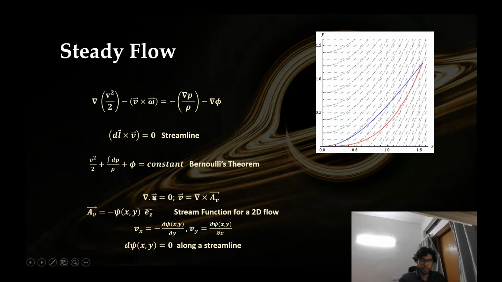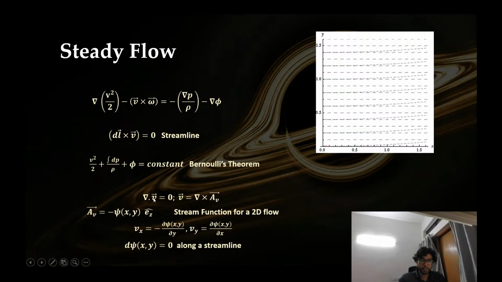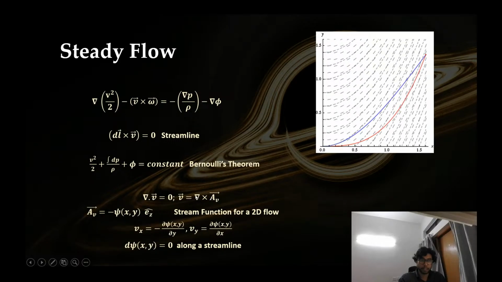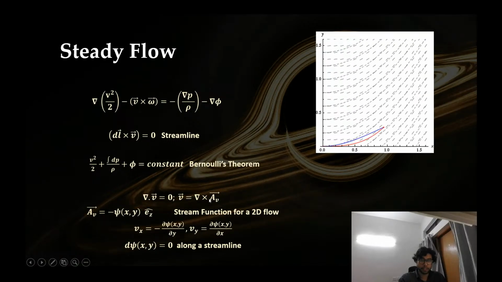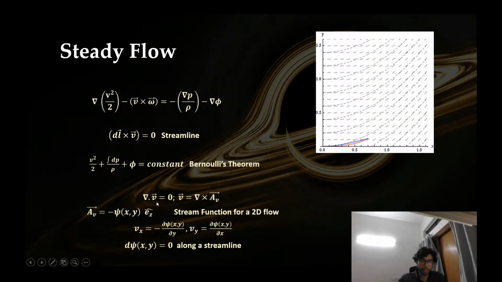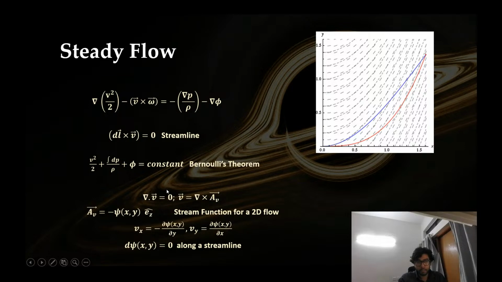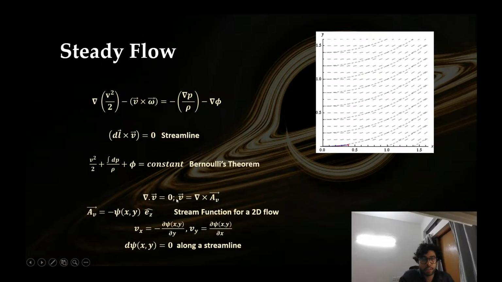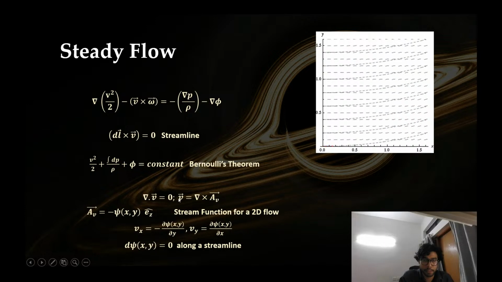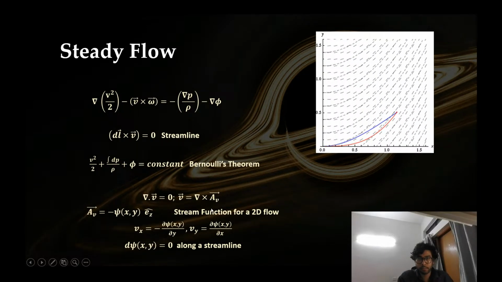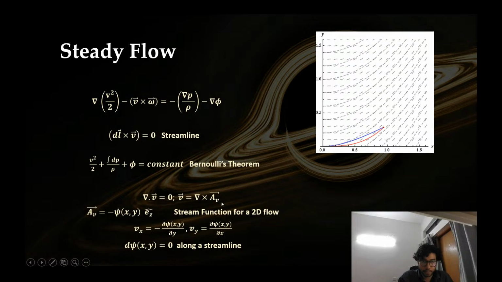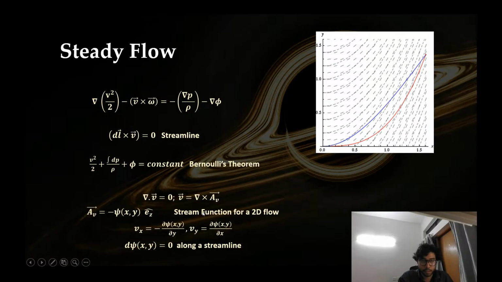So if we can express the velocity V in terms of some vector potential such that V is the curl of that vector potential, then this condition is automatically satisfied. Note that you can only do this for an incompressible fluid. Whenever a fluid is incompressible, you can always express V as the curl of a vector function, and this vector function is called the stream function.